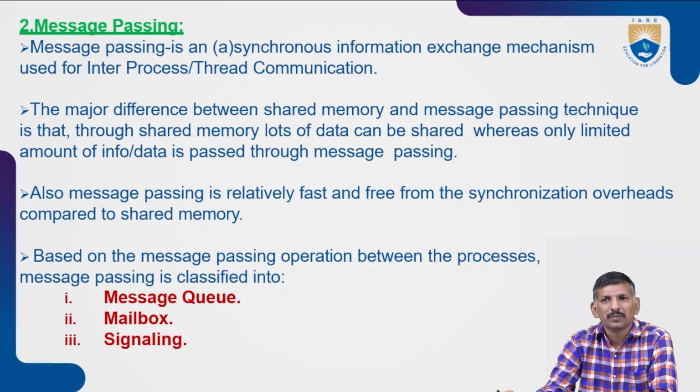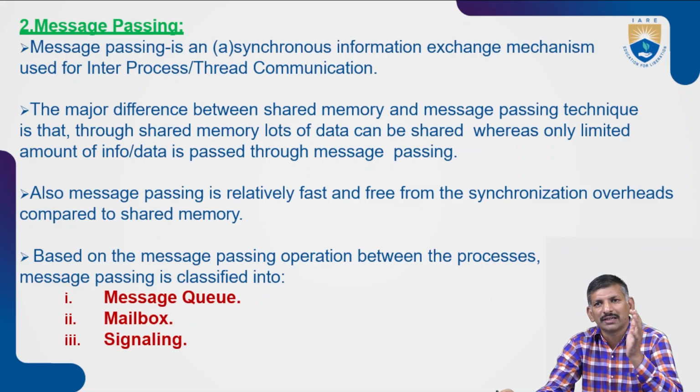Next, message passing. Message passing is a synchronous or asynchronous information exchange mechanism used for inter-process communication. The major difference between shared memory and message passing is that in shared memory, we can share bulk data at a time.